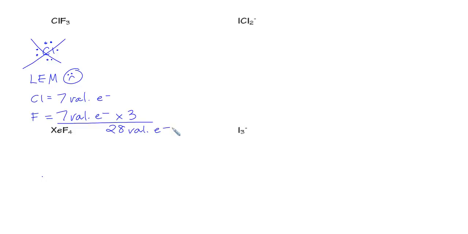Let's look at valence electrons. In this structure, chlorine carries 7 valence electrons, and so do the fluorines. They each have 7 valence. There are 3 of them. So if I add this up, I have a total of 28 valence electrons to play with.